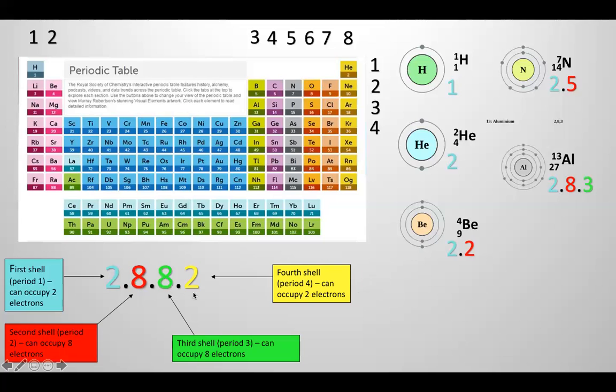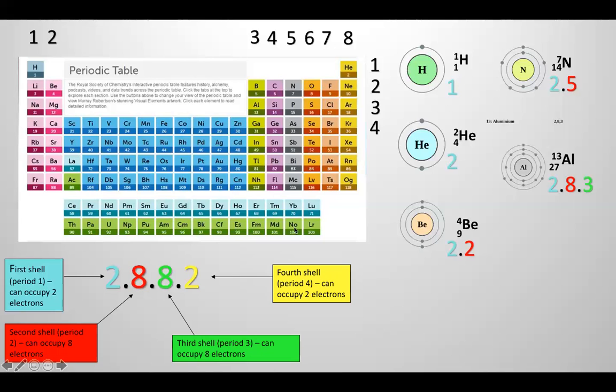So you have another 2, and this is known as the fourth subshell. And this can only occupy 2 electrons again, okay? No more. So again, all 3 subshells before need to be filled before you can even think about putting anything in the fourth shell.